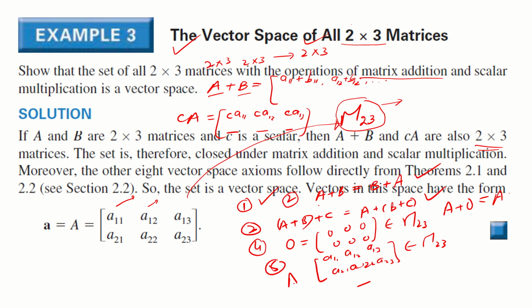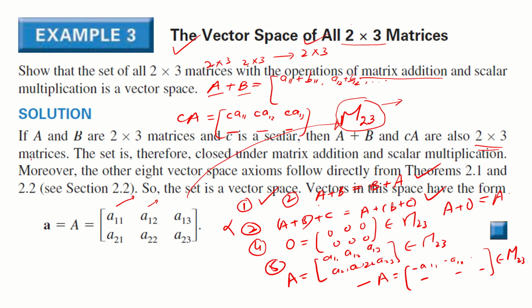If this is matrix A, then minus A, which means the negative of all the entries, minus A11, minus A12 and so on, will also be of order 2 cross 3, so that also belongs to M23. So all alpha conditions are satisfied.